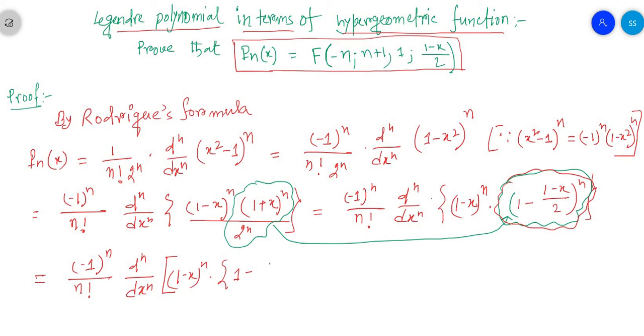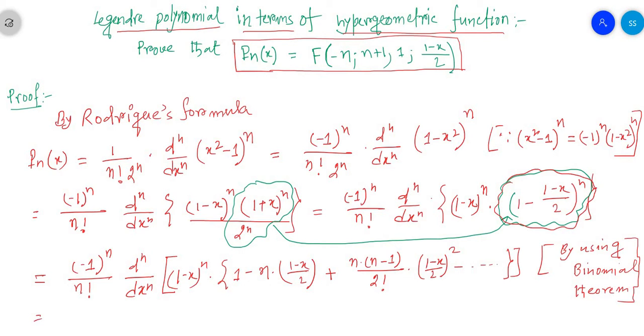1 minus n into (1 minus x)/2 plus n(n-1) over 2 factorial into ((1 minus x)/2)^2 minus dot dot dot up to infinity.